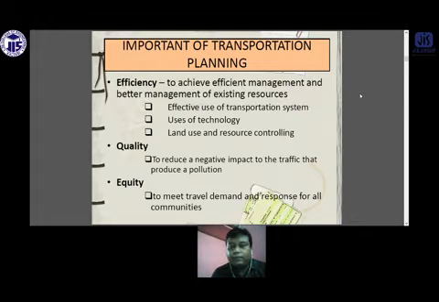Next is equity. Equity is to meet the travel demand and the response of all communities, meaning we have a demand and we have some supply. There should always be a balance between demand and supply. Suppose we have a demand of 1,000 trips, but we can provide only 500 trips.